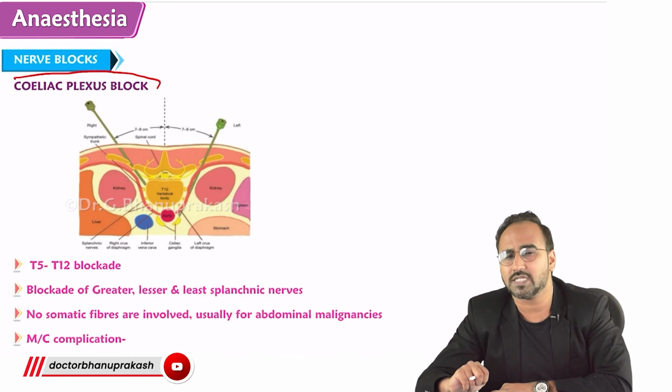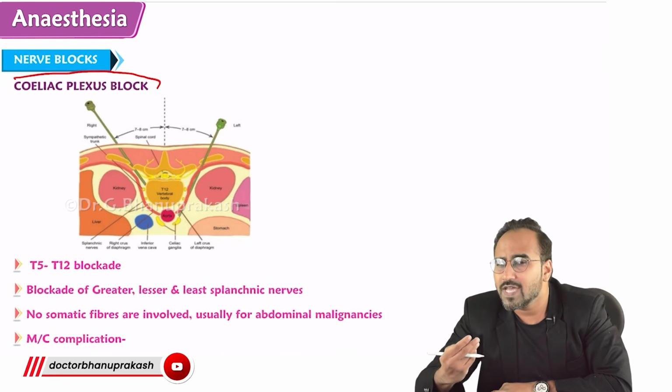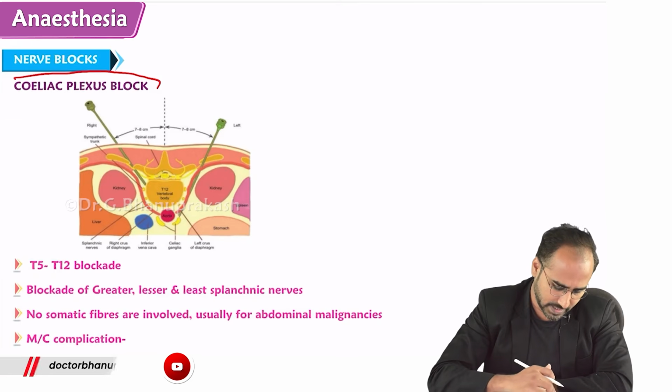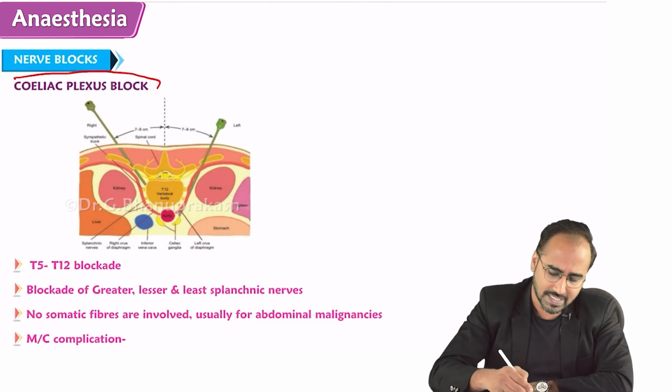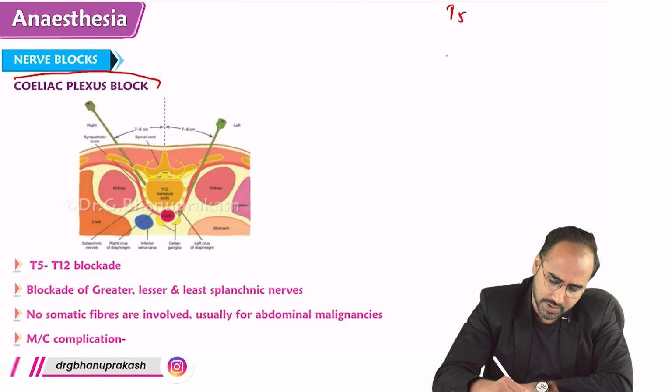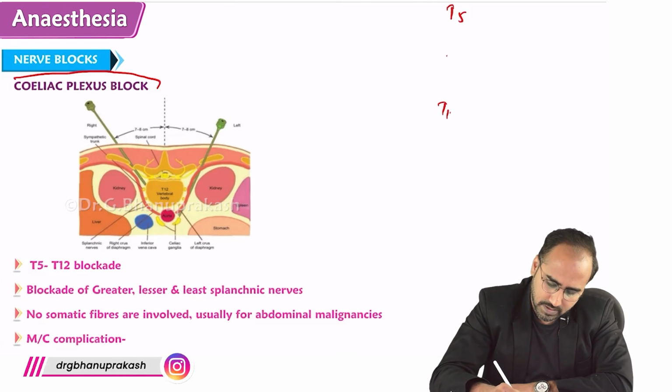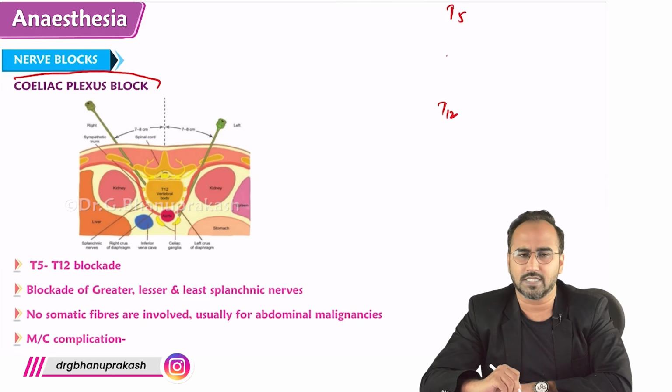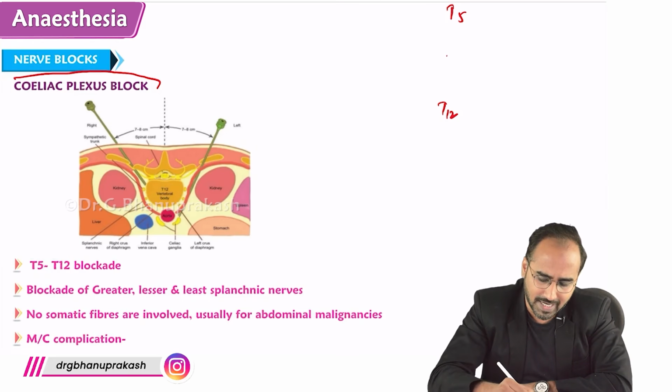What major complications? First of all, you need to understand where the Celiac Plexus is present. The Celiac Plexus is present between T5 till T12. It is not present in between the vertebrae.